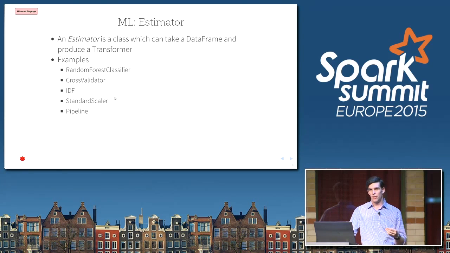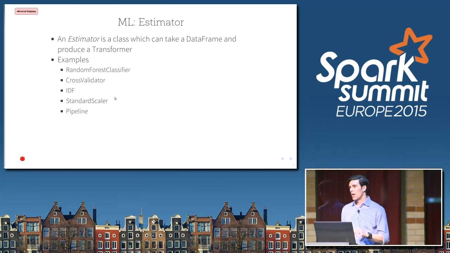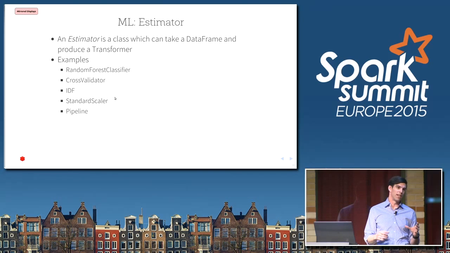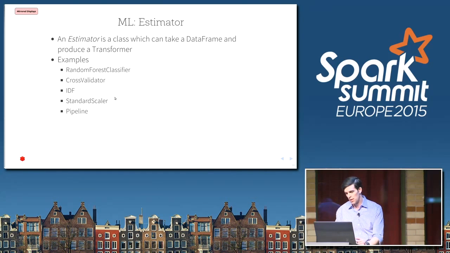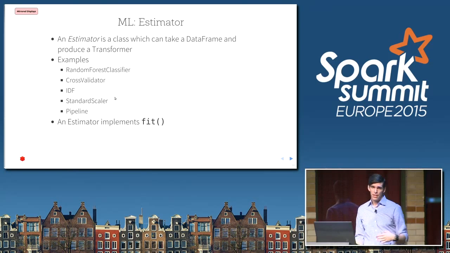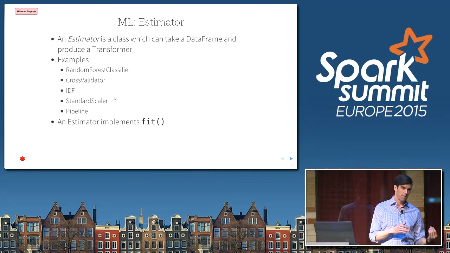So you can get this sort of nested structure where if you've done all this work ETLing out and doing EDA, and let's say you've created a k-means model, and from that model you predict a bunch of clusters, you could actually put that as the first part of your new pipeline, and now this cluster could be part of your features for doing a supervised learning technique. It's kind of interesting the way you can just combine these things together because they're based on these estimator and transformer classes. So estimators are going to implement fit, and that fit is going to produce back a transformer.